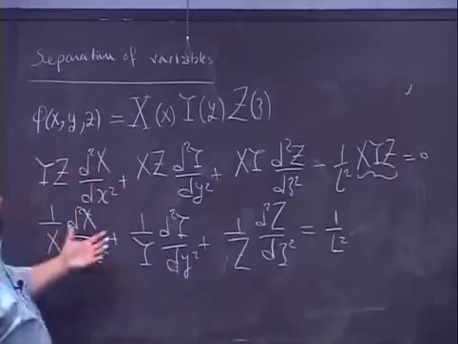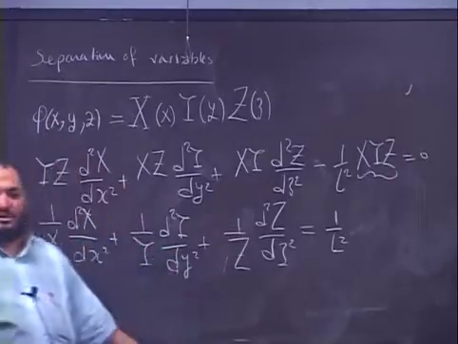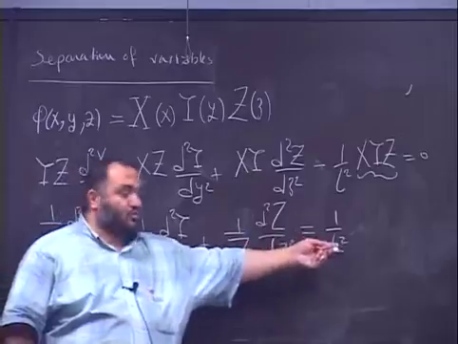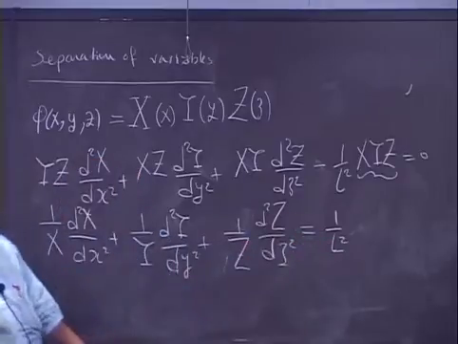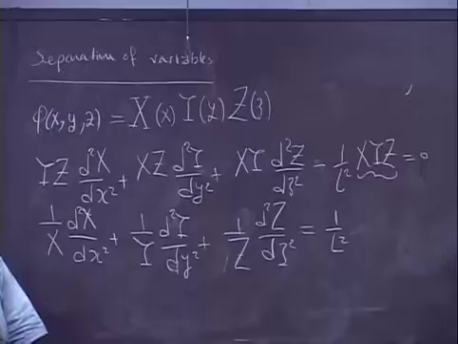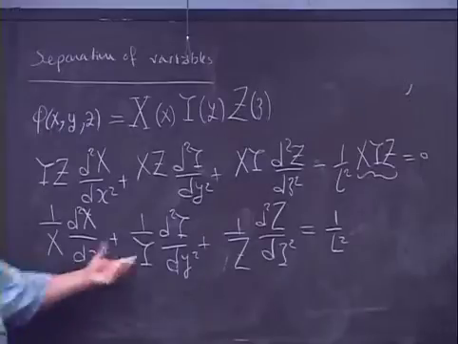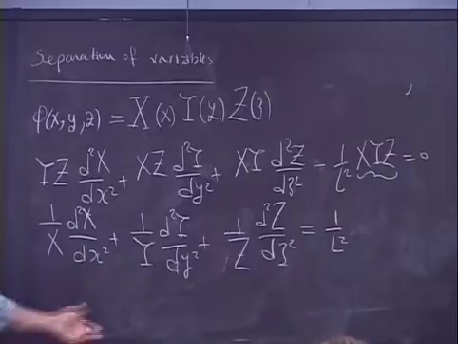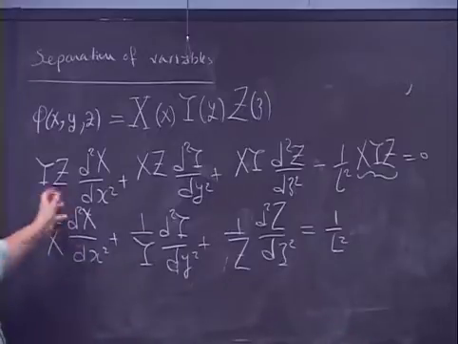So 3 independent functions, 1 in x, 1 in y, 1 in z. They are completely independent, and they are equal to a constant. So each one of those should be constant, because this is independent from this, independent from this, and the summation of all of them is constant.